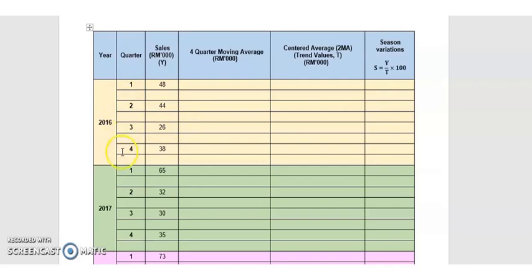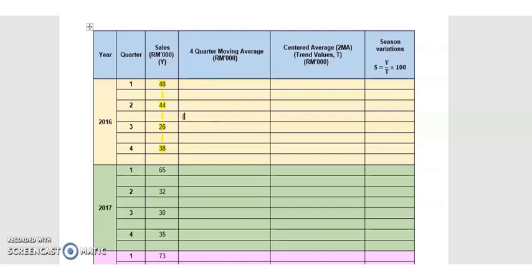Since we have 4 quarters, you total up 4 values: 48 plus 44 plus 26 plus 38, then divide by 4, since we total up 4 numbers. So this one equals 39.